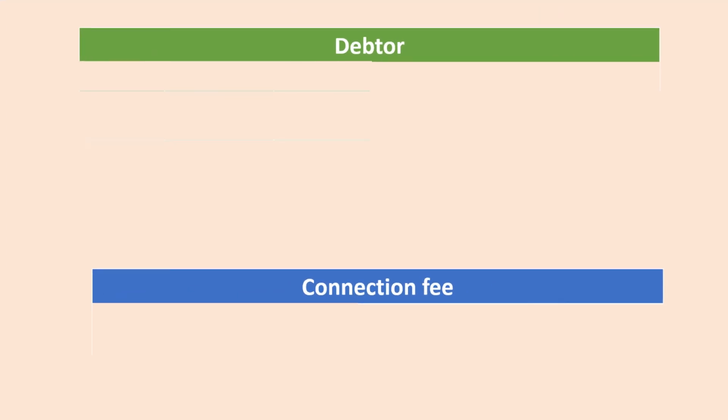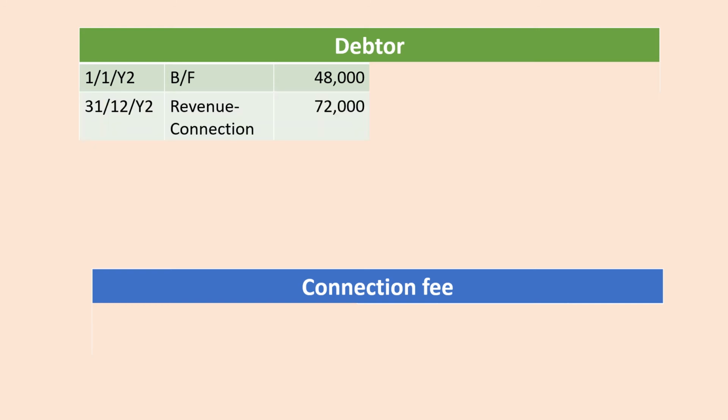Year 2 starts with the beginning balance of the debtor of 48,000. During the year, we are still providing the connection facility, so we record the revenue for the connection fee as 72,000. We debit the debtor and credit the connection fee account.